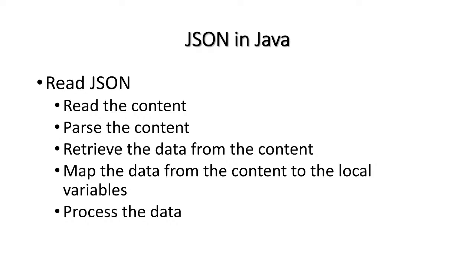Right, then if we talk about JSON files in Java, as I said, there are two main parts. The first one is to read a JSON file, and the second one is to write a JSON file. So let's start with reading a JSON file.